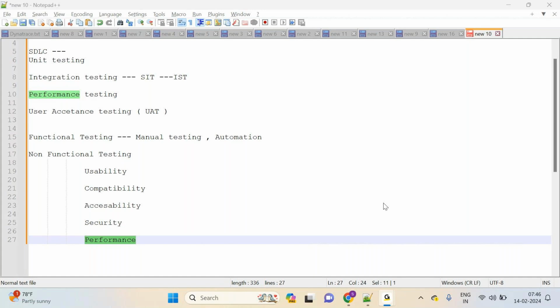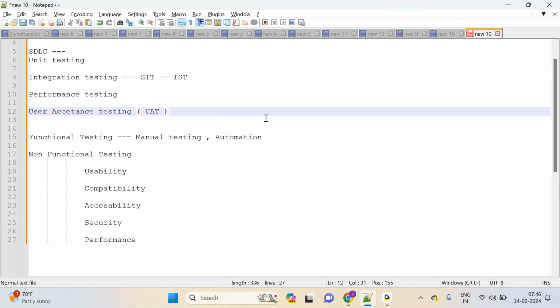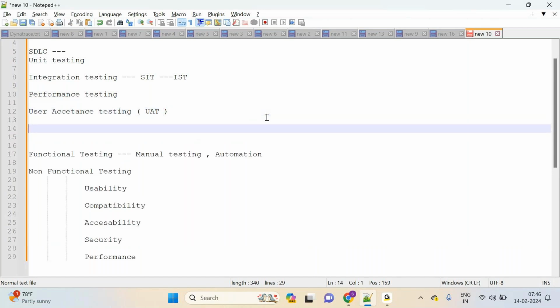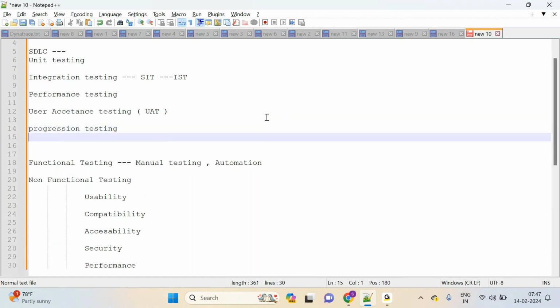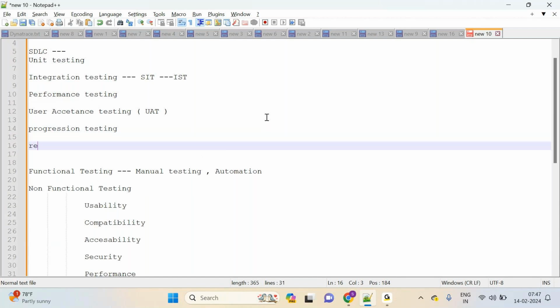Since you asked the question, there are concepts people talk about: progression testing and regression testing. Everybody uses these words in real time.